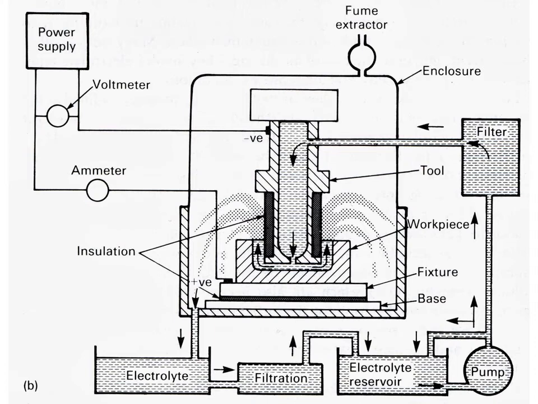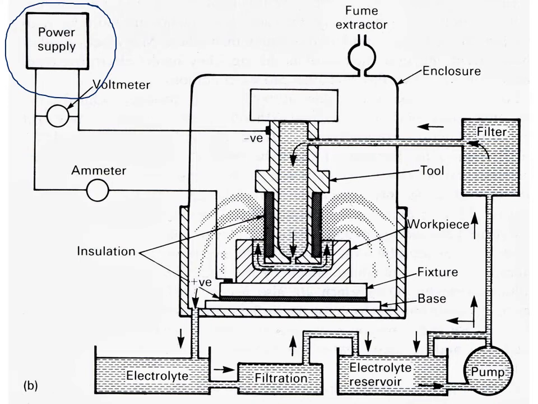Here you can see the workpiece which is connected as anode and the tool which is connected as a cathode to a high power density or high current density power supply, which gives very high electrical energy available at the machining zone.